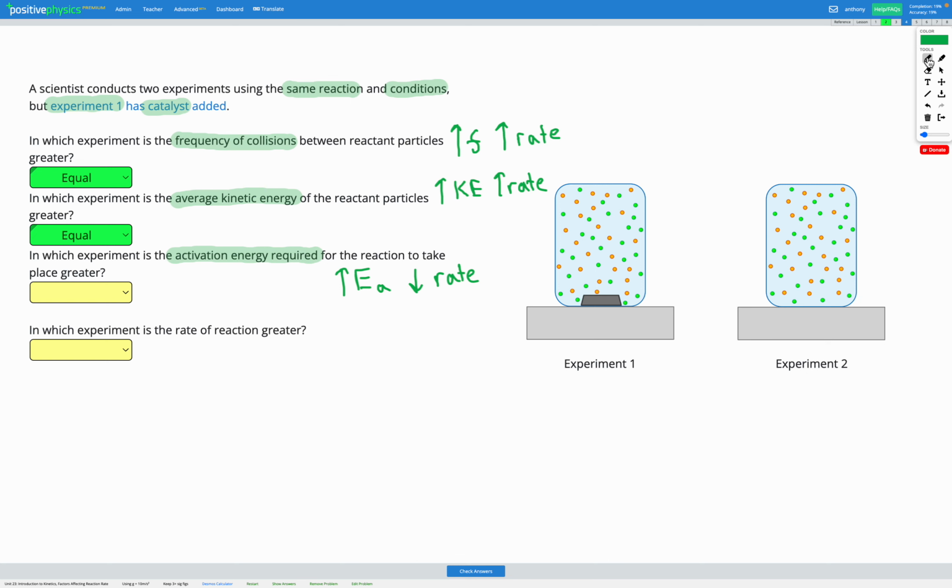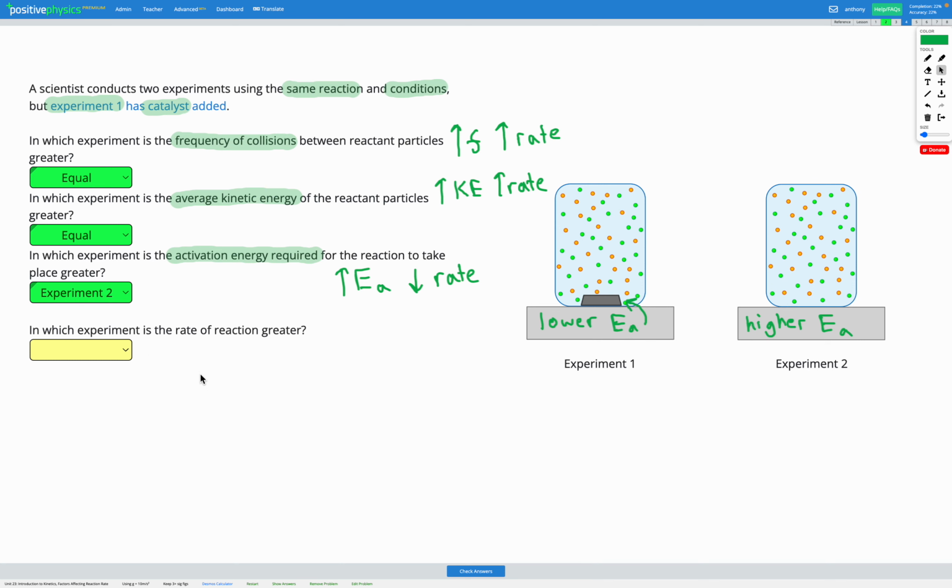So experiment 1 is going to have a lower activation energy because of that catalyst, and therefore experiment 2 is going to have higher activation energy. So when we're asked in which experiment is the activation energy required greater, that's going to be experiment 2 because it doesn't have the catalyst.